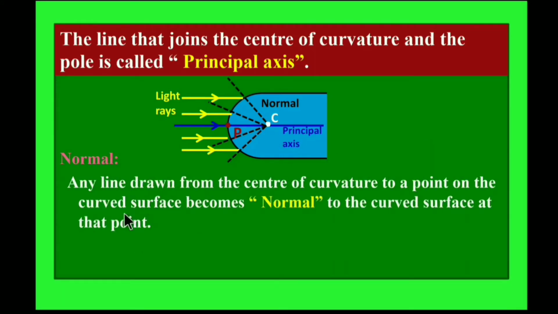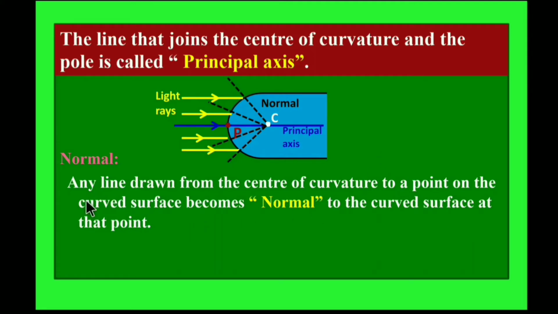What is normal? Any line drawn from the center of curvature to a point on the curved surface becomes normal to the curved surface at that point.